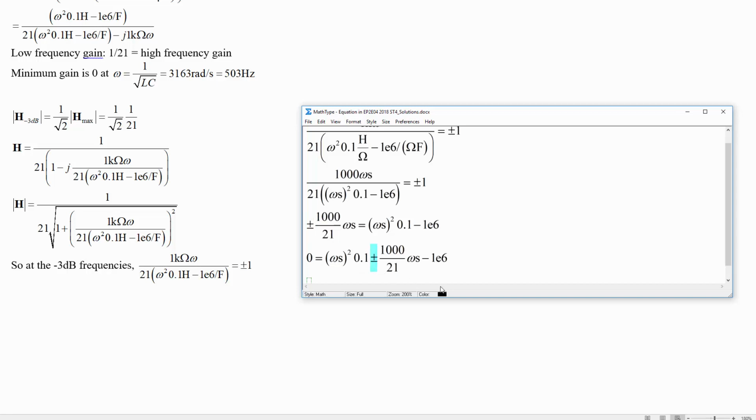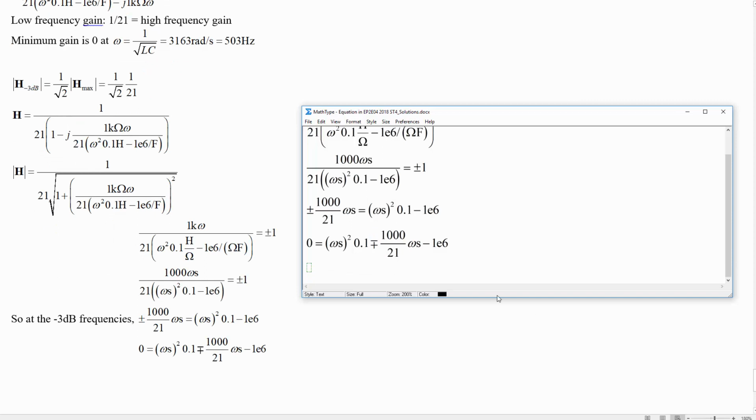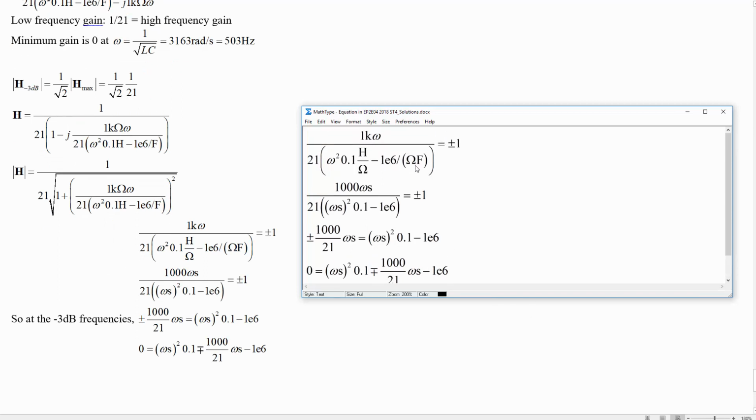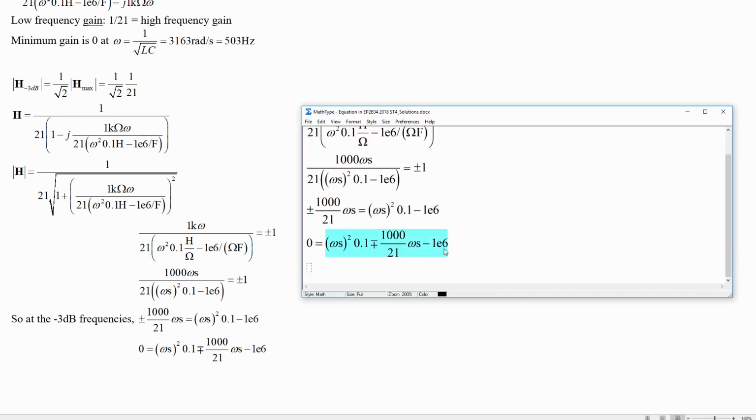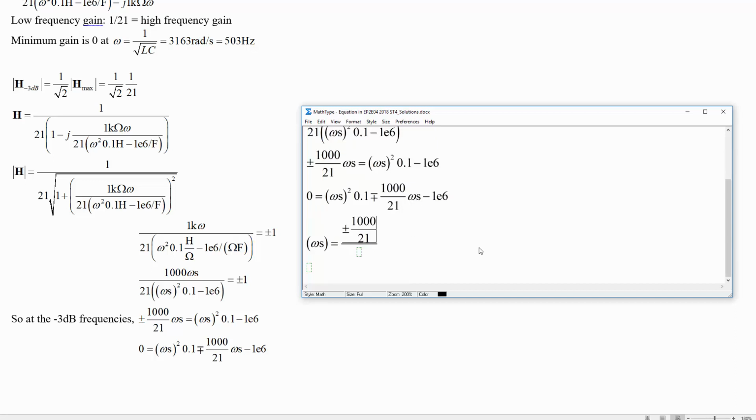So now we really do have a minus plus there, as we put that on the same side. And so here we can jump to the quadratic formula. So that means omega s is equal to negative b, so that would be plus or minus again, 1000 over 21.